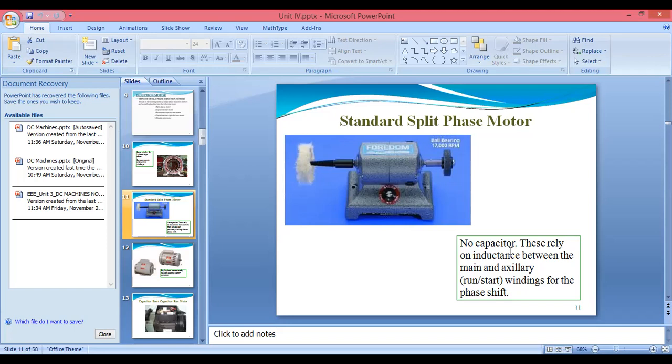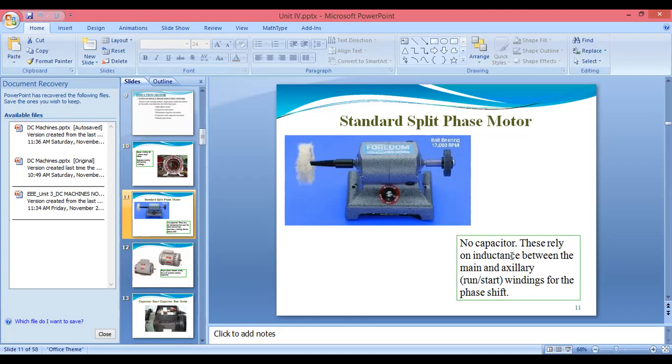When we give the power supply, if the switch is not closed, we can say that winding is the start winding. And if that switch is closed, it means we are making the motor on, so it will start to run, and the motor will start to rotate.